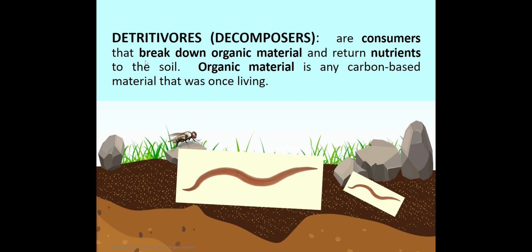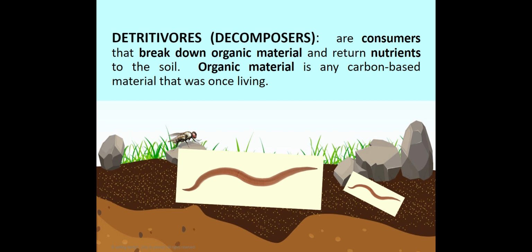These are consumers that break down organic material, things that were once alive, and return nutrients to the soil. Once again, organic material is any carbon based material that was once living. Remember, carbon, oxygen, hydrogen, our big three.